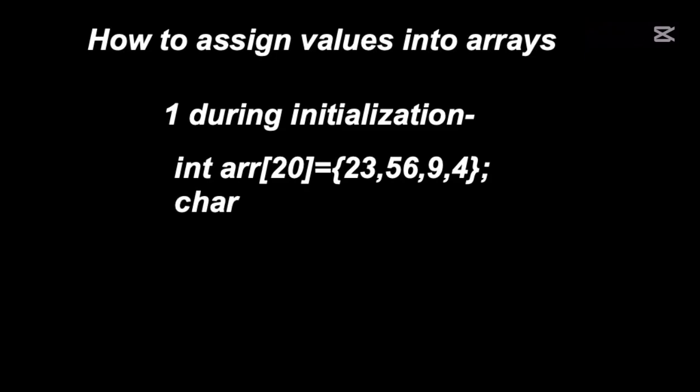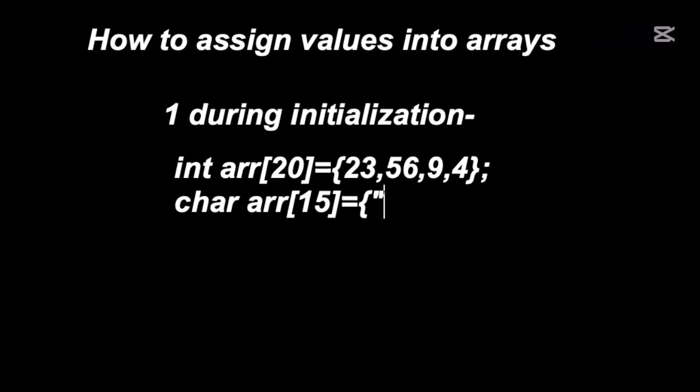Then let's say I'm trying to use strings. So I'm trying to declare a character array. Let's say I'm using size 15, and I can also assign values like this using strings. Every time you use strings, you need to indicate double quotation marks because now we're talking about characters.